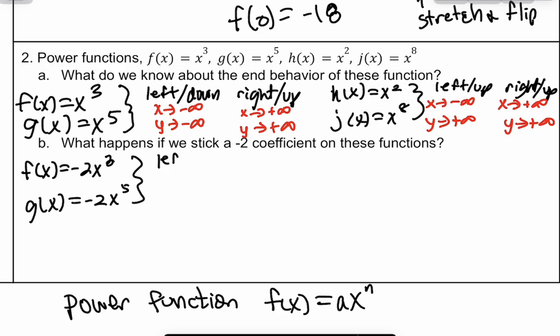This time our left will go up and our right will go down. Now let's write that a little more formally. So x goes to the left and x goes to the right, always the same thing. We don't have to worry about that. Going to the left for an x is negative infinity, going to the right is positive infinity. But this time our y value is going up on the left. This time our y value is going down on the right.